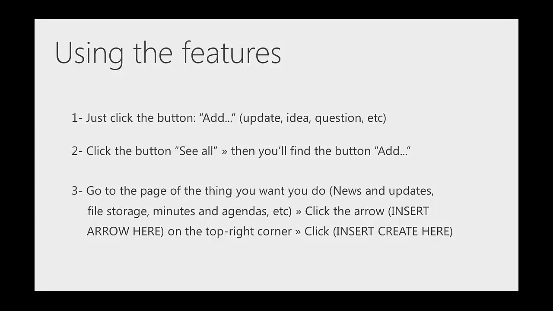Also, in some spaces like the one I just showed you, you'll be prompted to first click see all. You see the news little box, and if you click see all and then click the button add, you'll be able to add the news there.